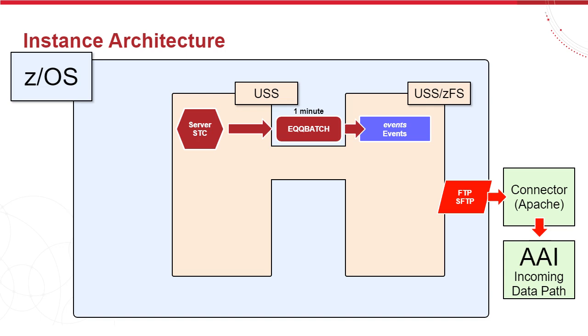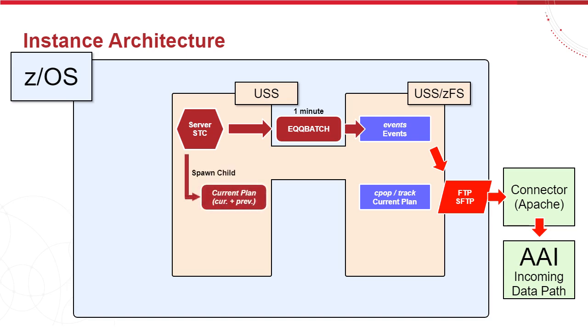Server STC also generates files containing the IWSz current plan, which includes current and previous plan data, containing current and future executions, as well as tracking audit data for past executions. This data is necessary to report statuses. For this, server STC spawns a child process that uses two IWSz programs: EQQBATCH, which we've already mentioned, for the current plan, and EQQYCANE for the previous plan.